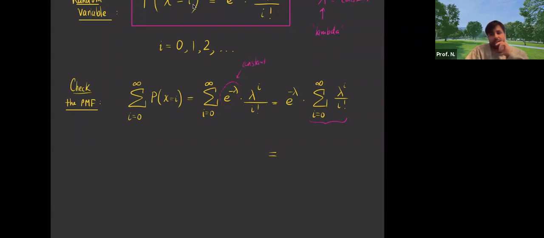So remember, you have to remember your series from Calc 2. Does anybody recall the Taylor series? Recall the Taylor series for y equals e to the x about x equals 0.